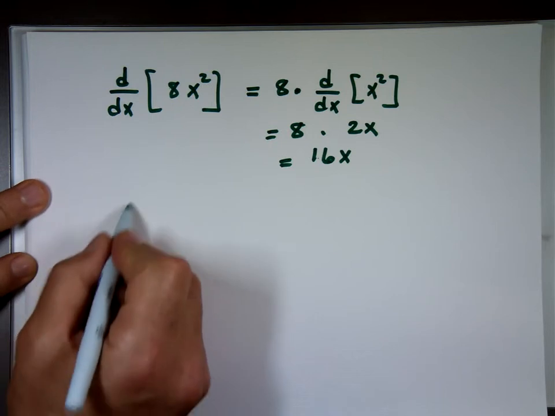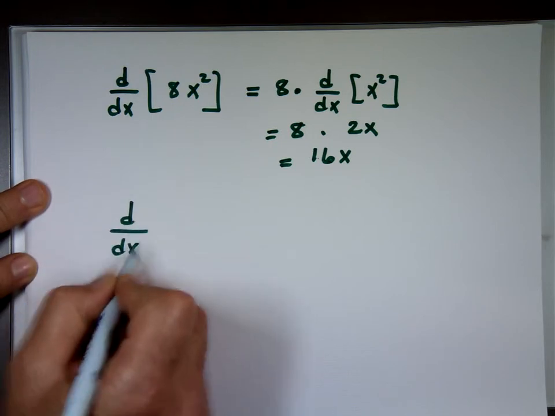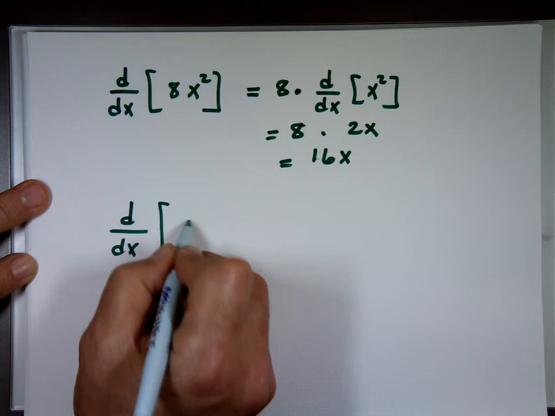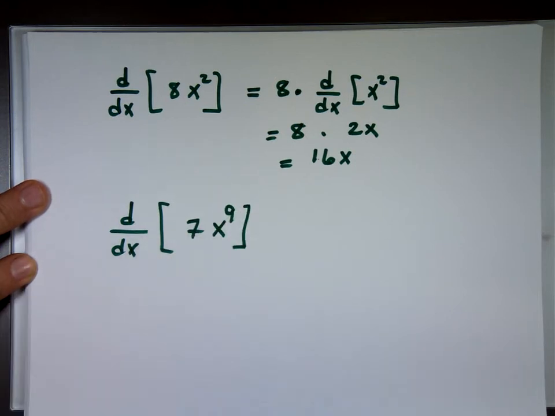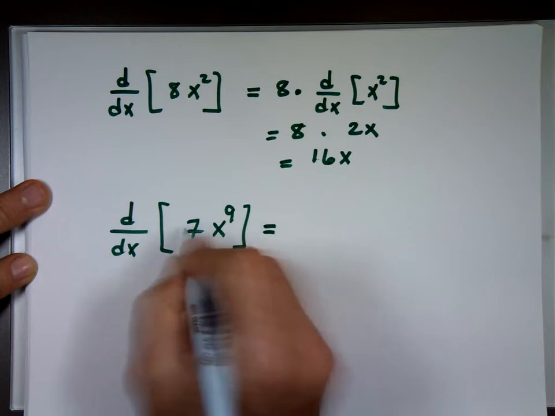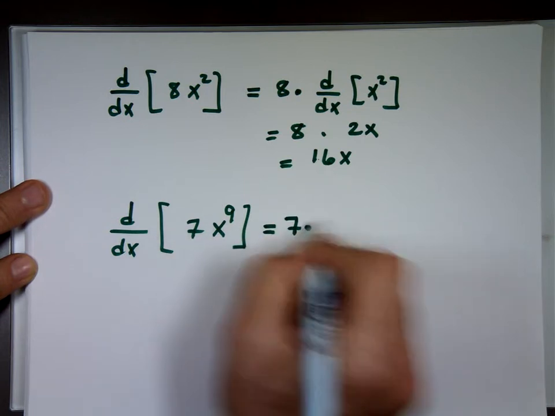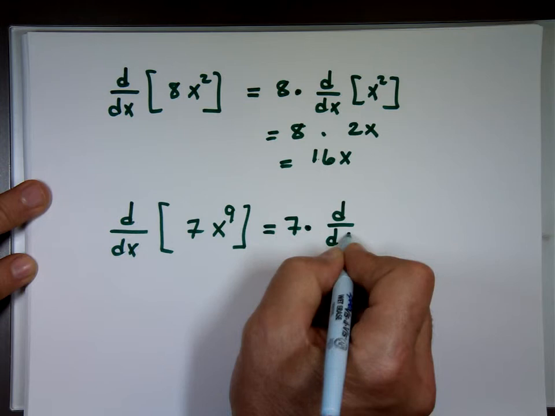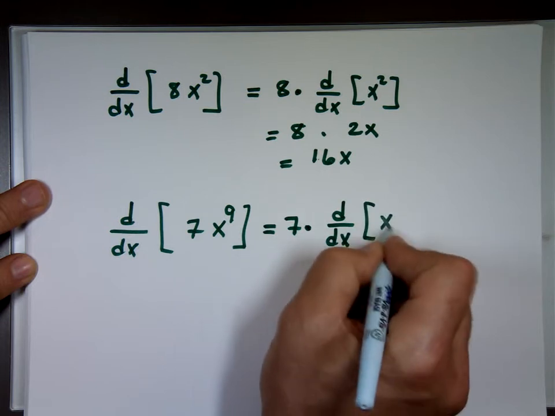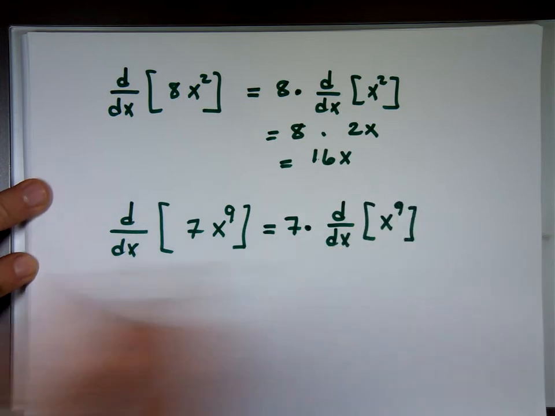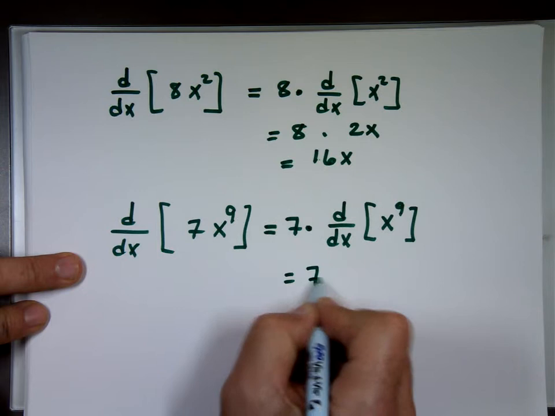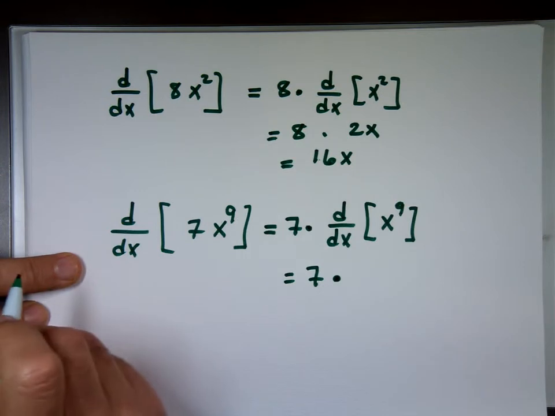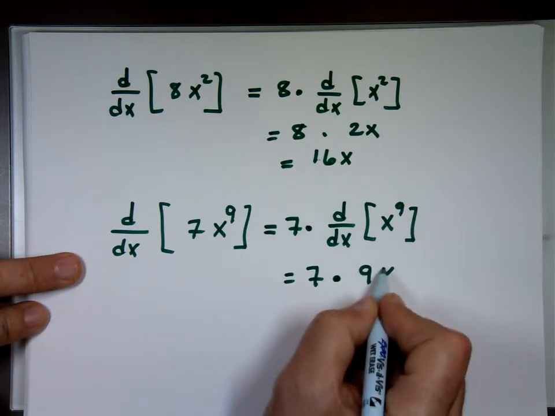Watch another one. 7x to the 9th. The long way, the rule says you can take the 7 outside times the derivative of x to the 9th. What is the derivative of x to the 9th? 9x to the 8th.